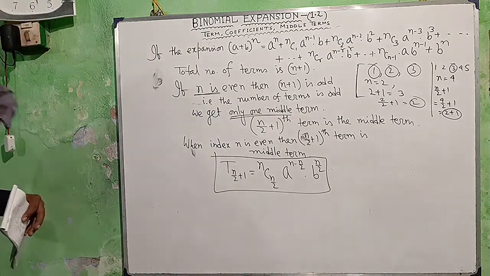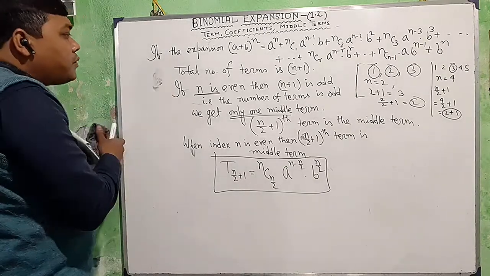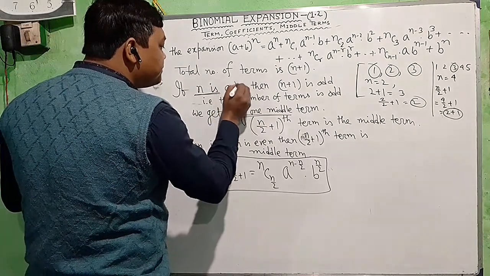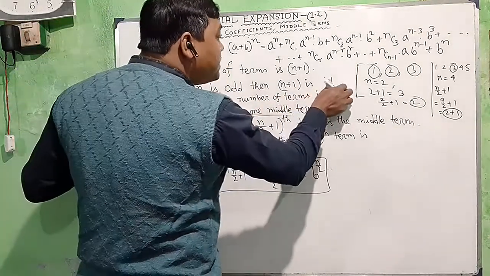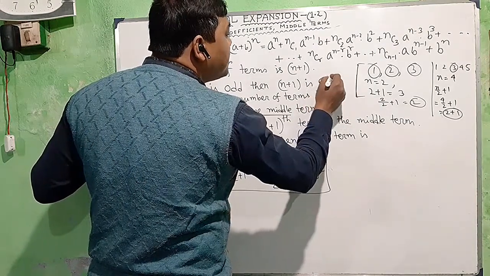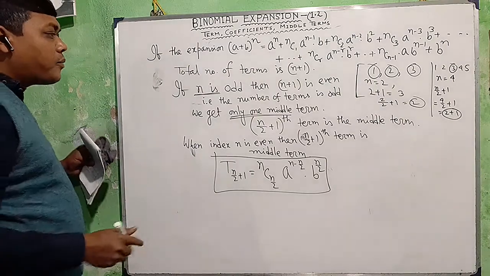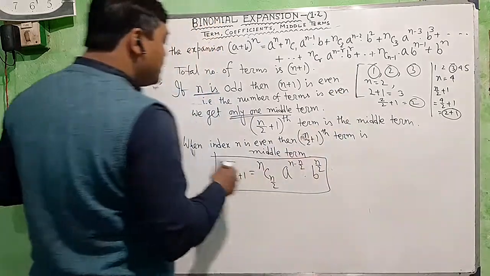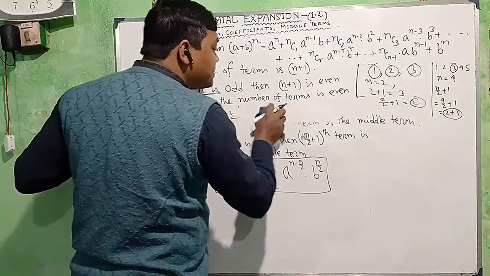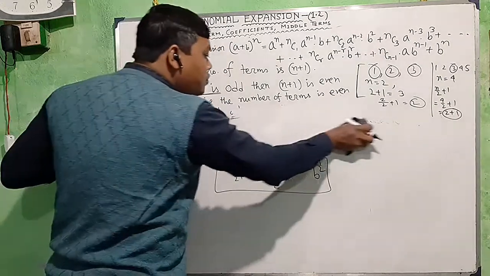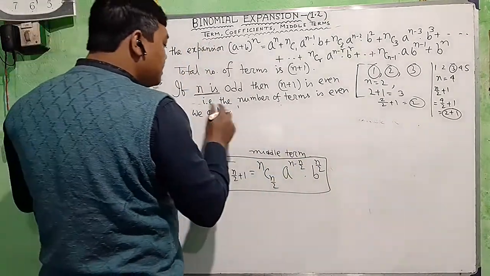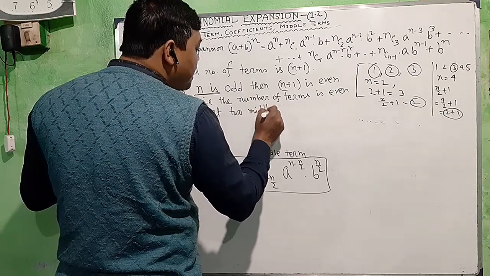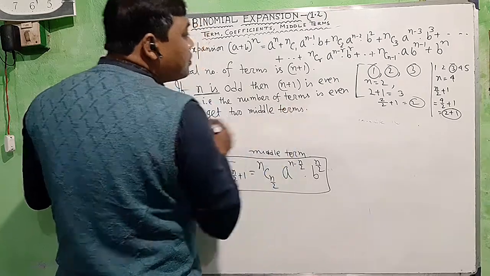If n is odd, then n plus 1 is even. Am I right? So the number of terms is even. So we get 2 middle terms. We have already discussed this.